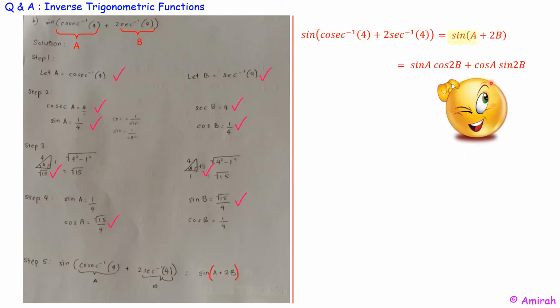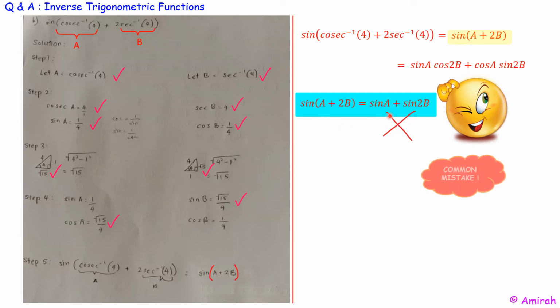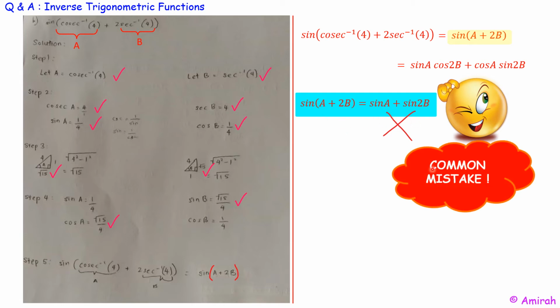Macam mana pula tu? Sin A plus 2B, patutnya kalau kita expand dapat sin A plus sin 2B kan? But actually this is wrong. Okay, salah. And for your info, this is very common mistake. Right? So you need to be careful.